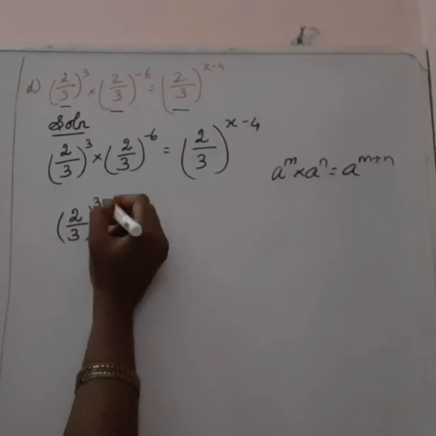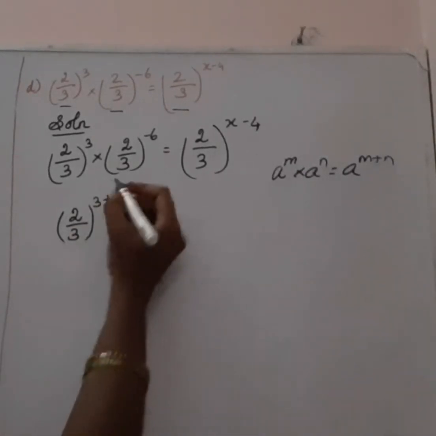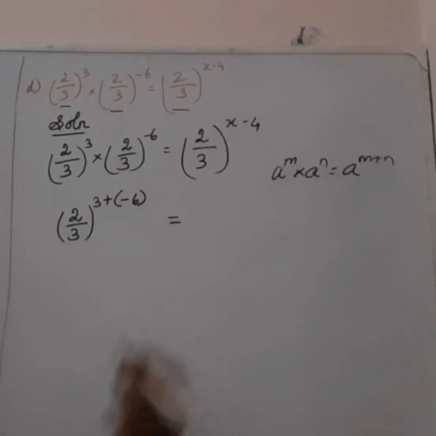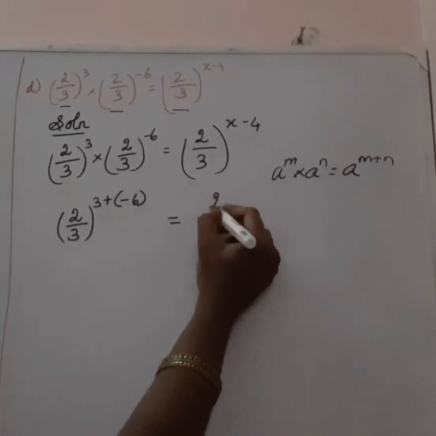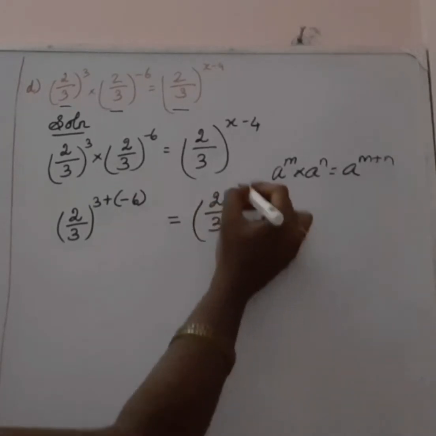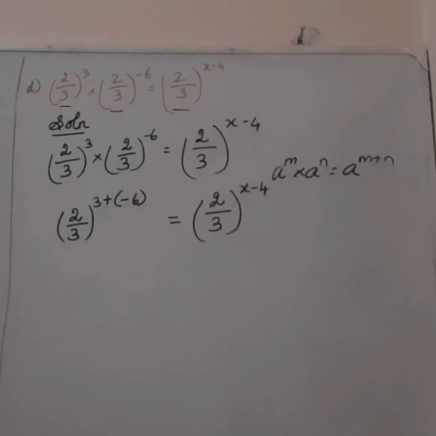Plus. And what is the value of n? Minus 6, which is equal to the RHS that we want to write as it is. So 2 by 3 the whole power x minus 4.